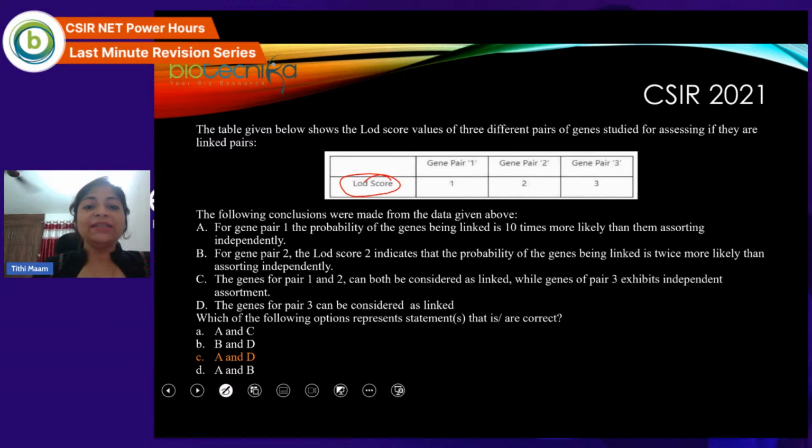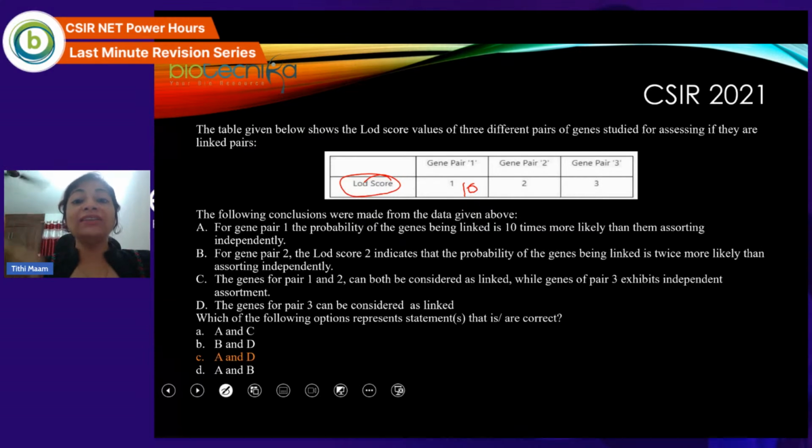Here it is saying that for gene pair 1, LOD score is 1. For gene pair 2, LOD score is 2. For gene pair 3, LOD score is 3. So when we compare, for gene pair 1, the odds are 10 because log of 10 is 1.